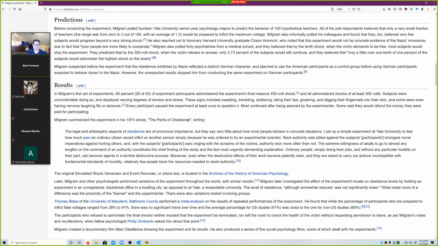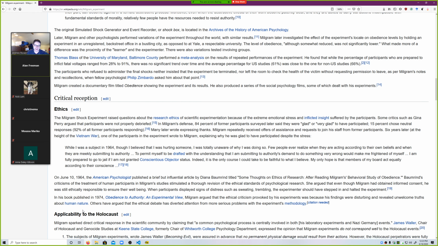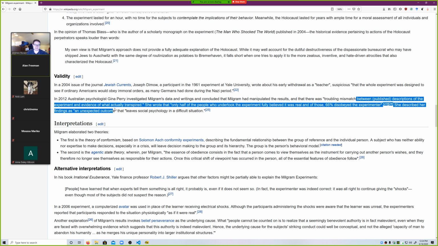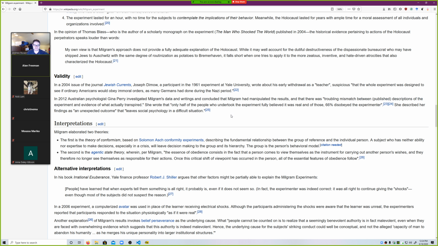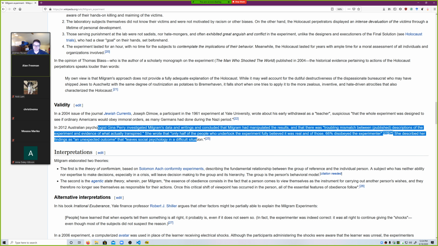There are a number of ethics issues. Big things happened with ethics. There's a troubling mismatch between descriptions and the evidence, and there's been another study that says they must have manipulated the results.